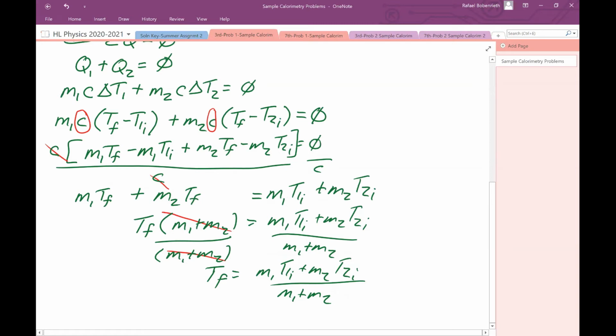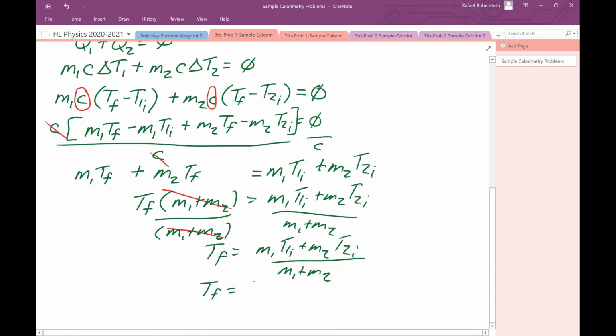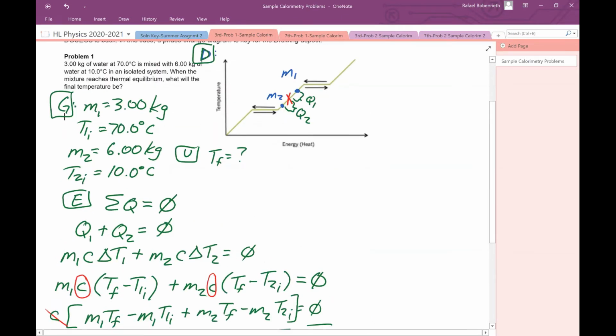And notice what we have here. Some of you may be recognizing this. This is kind of a weighted average. This is kind of the way you do a weighted average in certain circles when you have different terms. So in the end, let's just now substitute numbers and figure it out. So M1 is 3. The initial temperature T1 is 70.